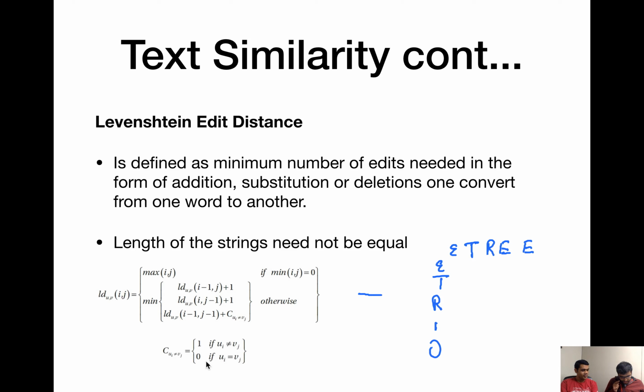Going right in the matrix is addition of a letter. Going down in the matrix is deletion of a letter. And coming from the diagonal is retaining or substitution of a character.